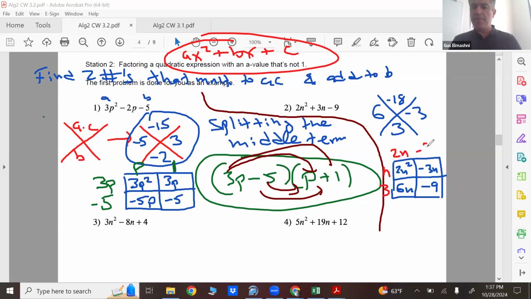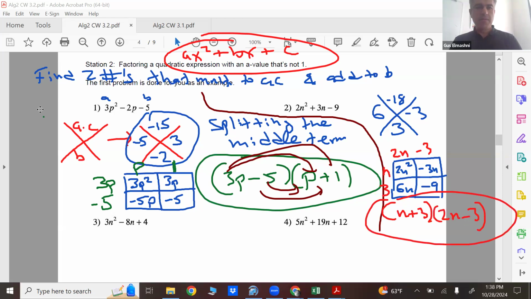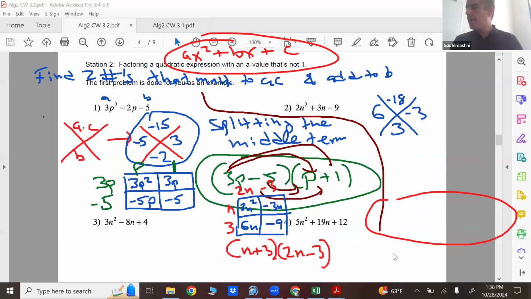And therefore, this has to be -3. So there you go. n plus 3. I cannot do 3's for life from here. And 2n minus 3. That's a little hard to read, sorry. Let me move that over. There we go. n plus 3, 2n minus 3.